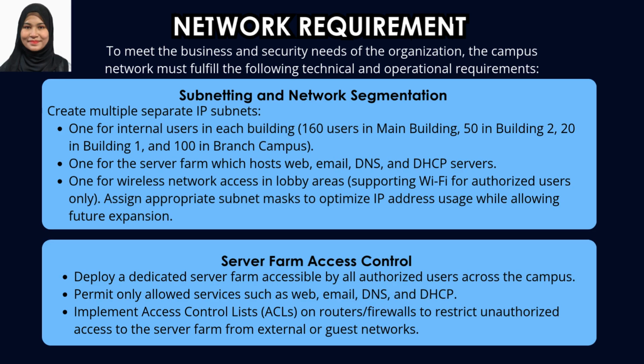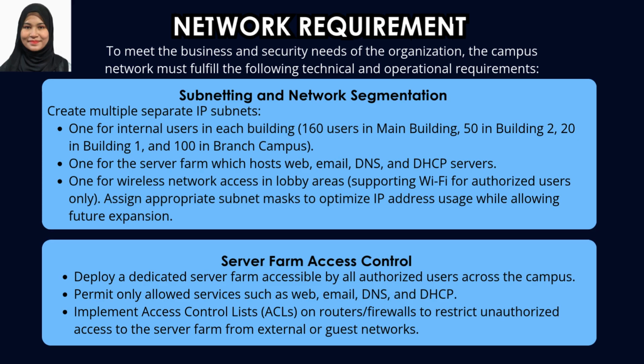Next is the network requirements. To meet the business and security needs of the organization, the campus network must fulfill the following technical and operational requirements. One is subnetting and network segmentation.